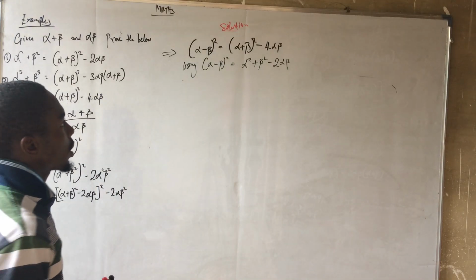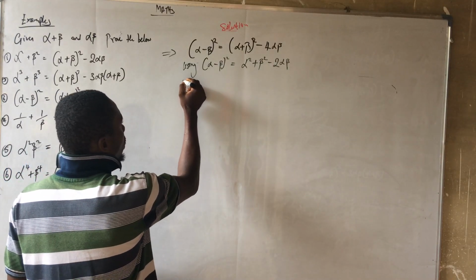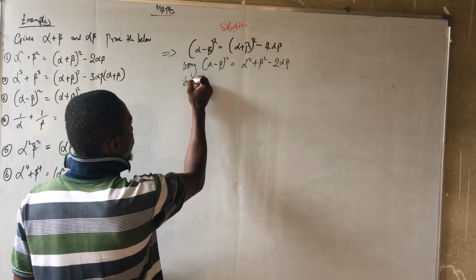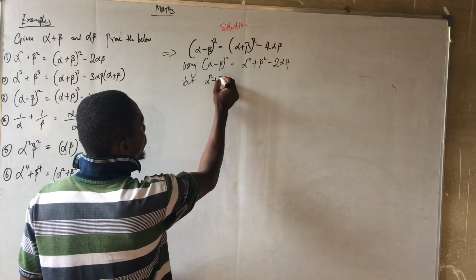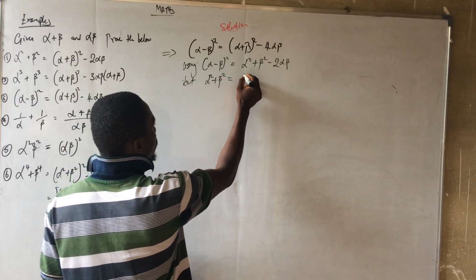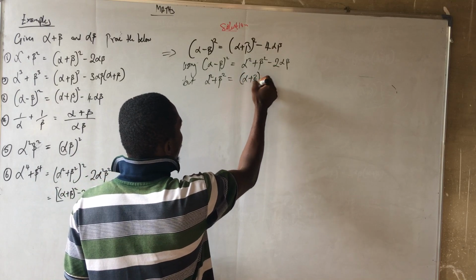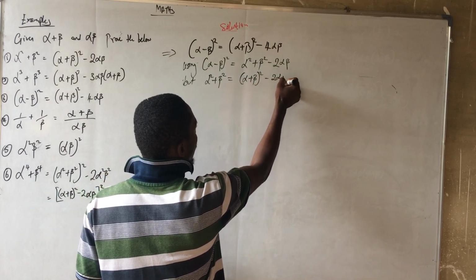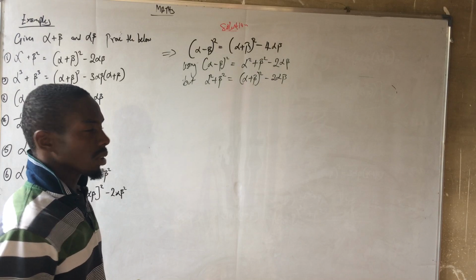So this is it, right? So now I'll say that alpha square plus beta square is equal to (alpha plus beta) all squared minus 2 alpha beta. Now do you see something?